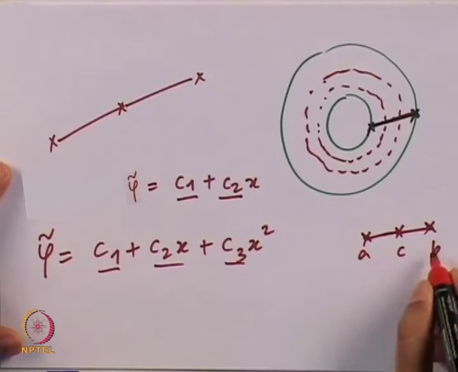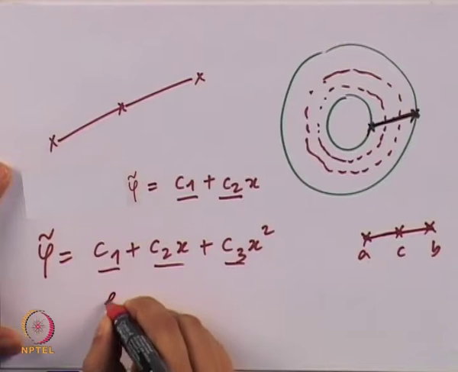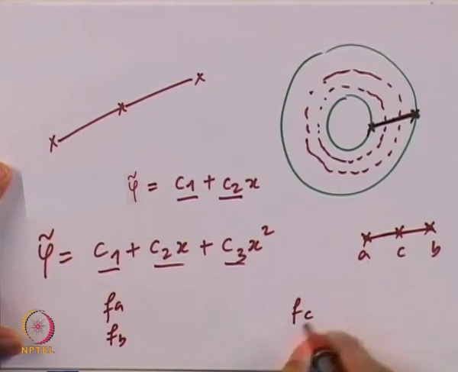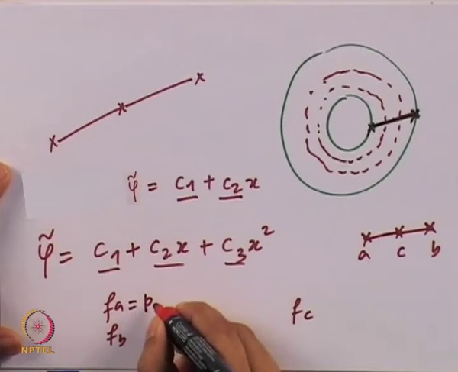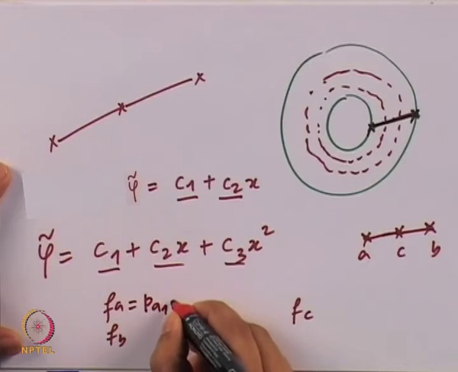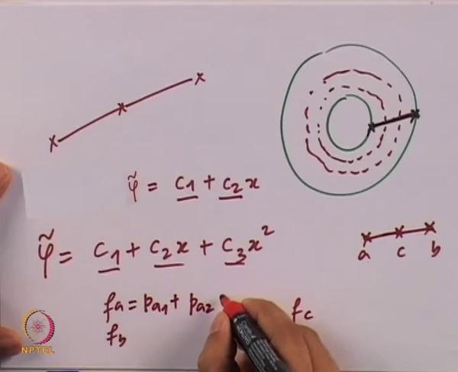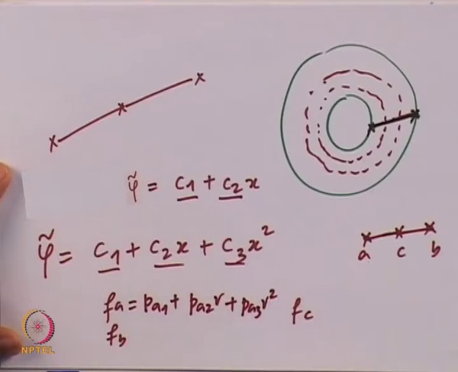Let us say we are having 3 points A, C and B, and the basis functions for those A, C and B are going to be of the form f of A, f of B and f of C. So f of A is going to be given by P A1 plus P A2 times R plus P A3 R square.